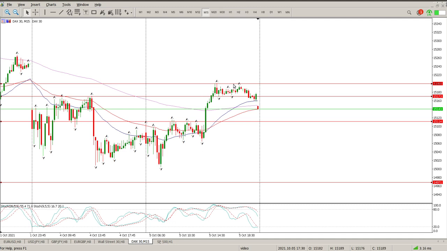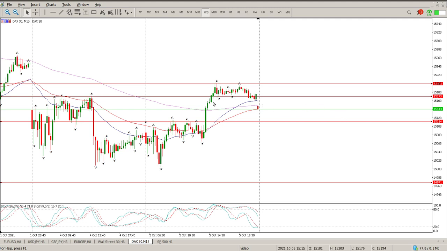Then we broke through. You would have expected us to come back and test and then bounce to the upside, but it looks like we're going to gap below it at this stage. Still a way to go before the market actually opens, so it might just recover back into that area. It's really just based on what's happening in China at the moment. There's some noise in China, so China market, well, not China, but Asia. Can't blame China for everything. So there is some noise in Japan as well that's coming through, so that's what's impacting the markets right now.